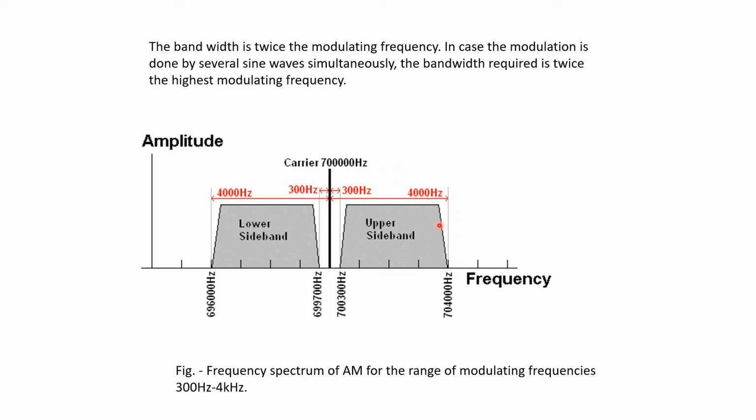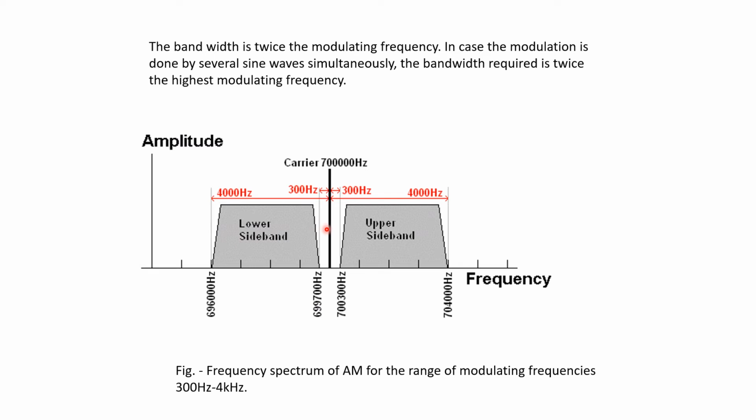And the lower limit of the audible range is 300 hertz, because we have to modulate the signal of 300 to 4000 hertz. So the lower limit of the upper sideband will be 700 kilohertz plus 300, that is, 700,300 hertz. So the upper sideband will contain the frequencies from 700,300 hertz to 704,000 hertz.